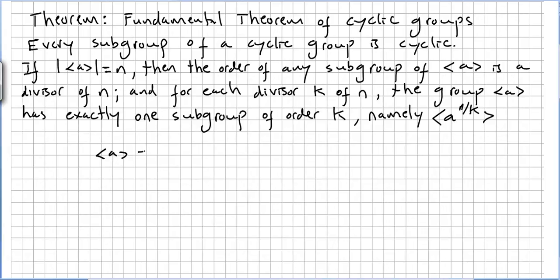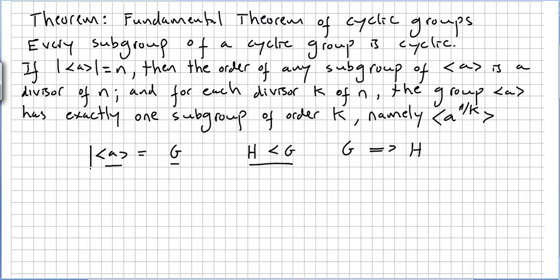So if you have a group G generated by a, so G is cyclic, and H is a subgroup of G, then H is cyclic.